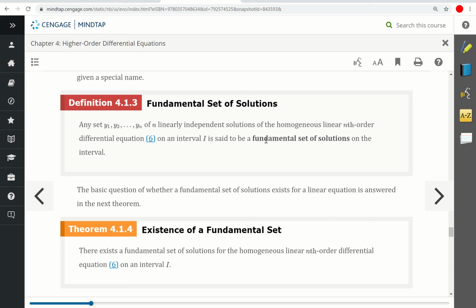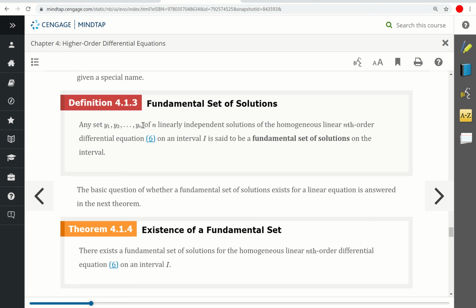It's worth noting, and some of you might already be thinking of this, which would be fantastic, but we could ask the question, is it possible to form a fundamental set containing linearly independent solutions y1 through yn of the ODE, such that there does not exist any other function y that is a solution to the differential equation and would not be linearly dependent when added to the set?